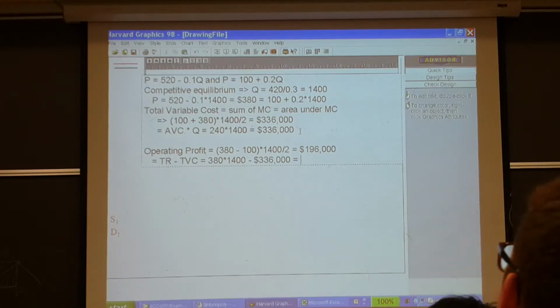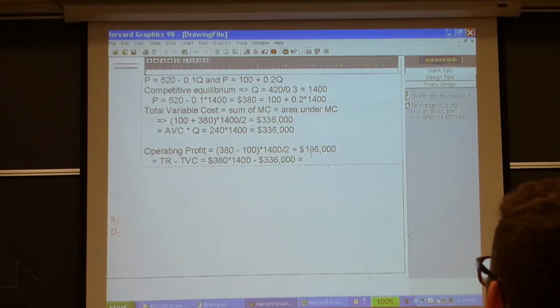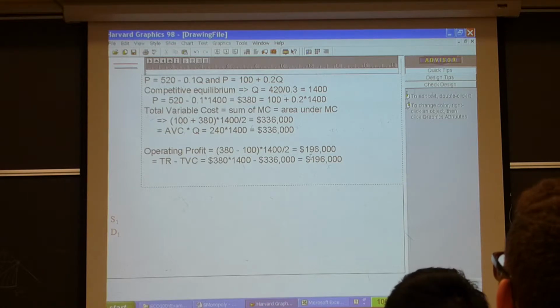So is that what it is? What is that? 380 times 1400 is what? Minus 336,000. Same thing, everybody? So make sure you understand what I'm doing here. So that is the total variable cost of the firm.